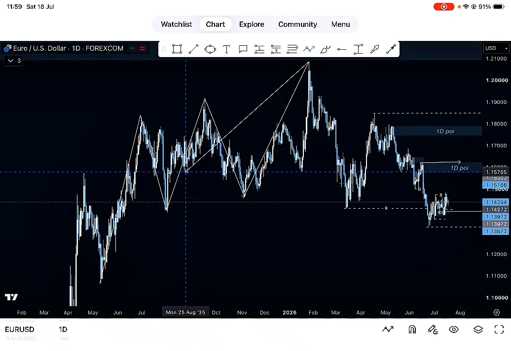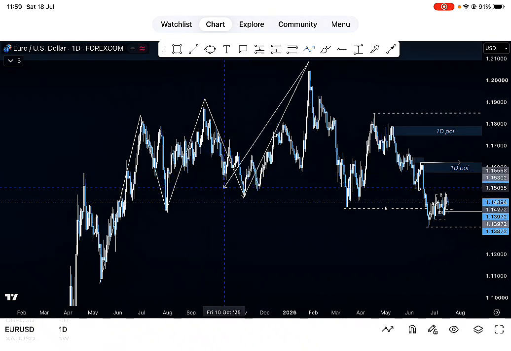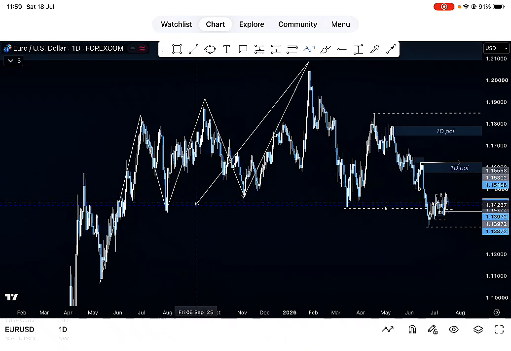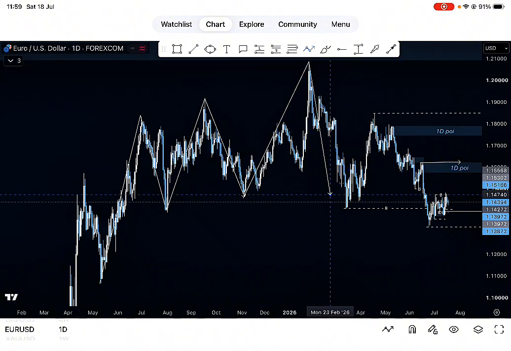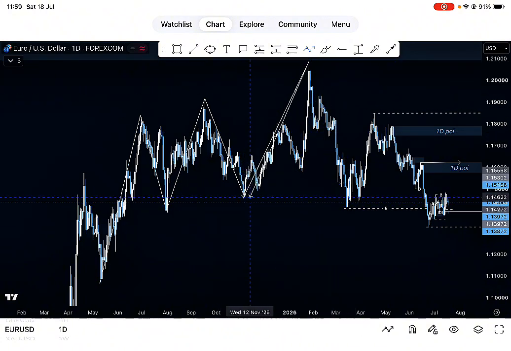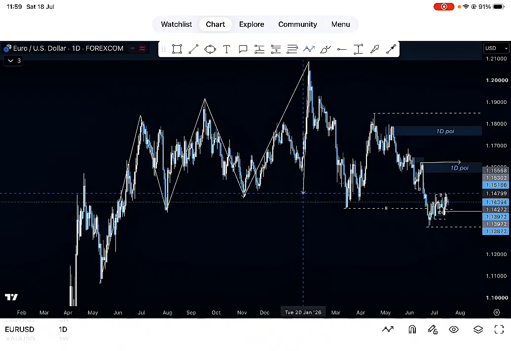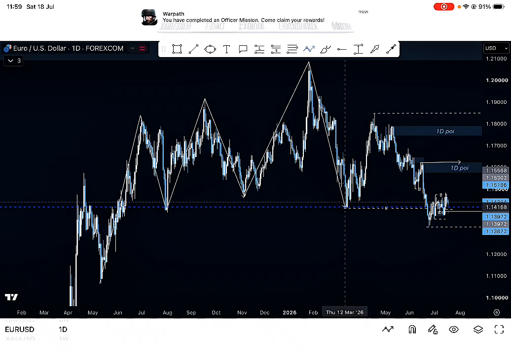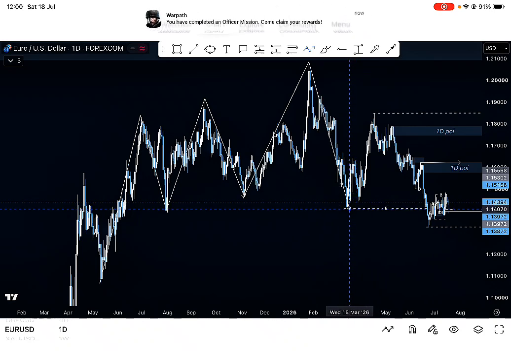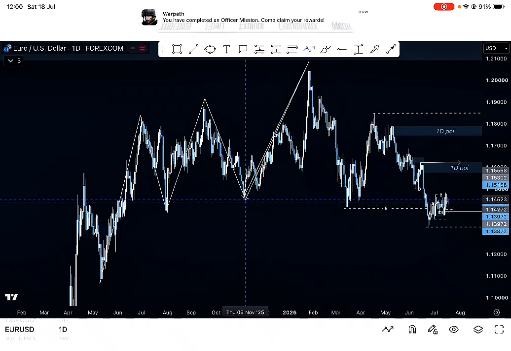This one induced this place, took all the liquidity before and tapped into this POI before it broke structure, and it broke this strong low, because it took liquidity. It broke it, meaning that we have had a change of character. The trend has changed from here.